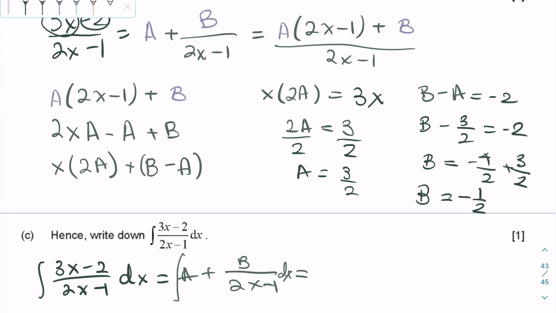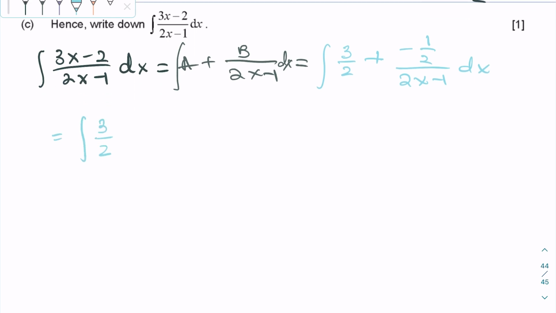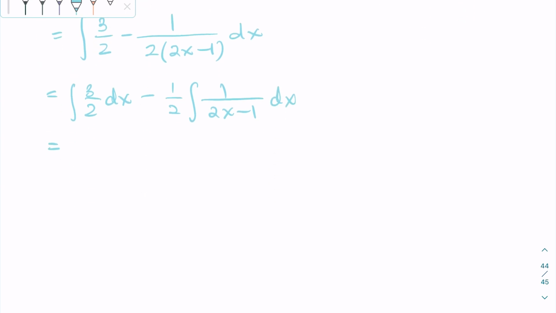We can substitute in the values for a and b that we found in part B. Once we have simplified this integral by splitting it apart into two integrals and taking the minus 1/2 out of the second integral, we can at least integrate the first part.